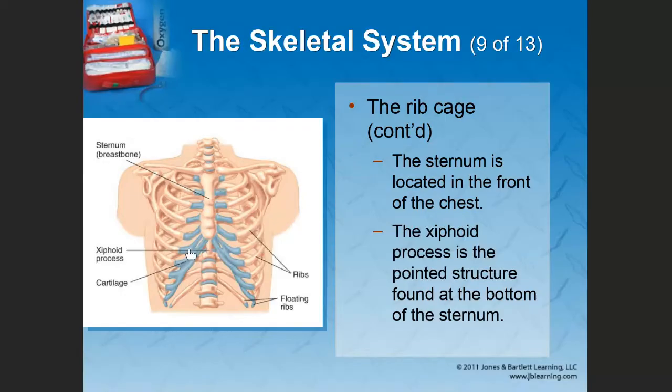And at the inferior portion of the sternum, we have what is referred to as the xiphoid process, which is an important landmark to avoid when doing chest compression. So when we're doing chest compressions on a patient that requires CPR, we want to avoid that location.